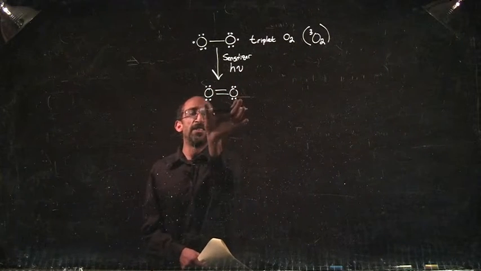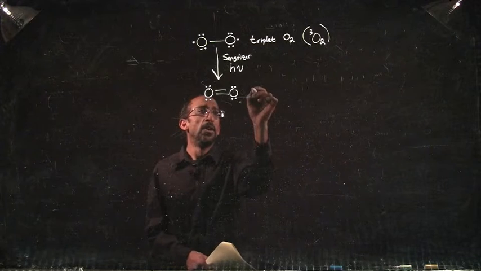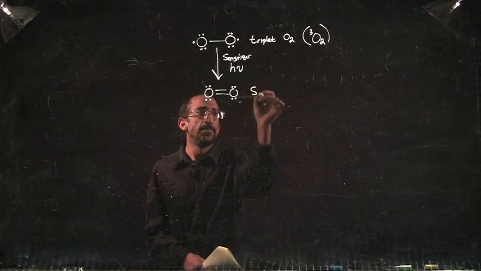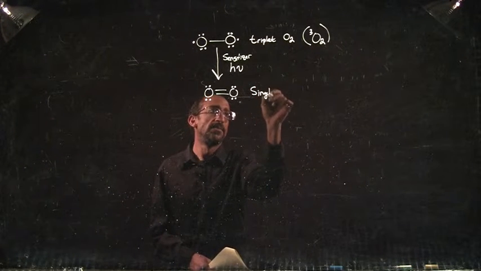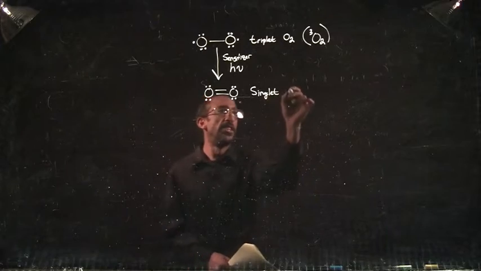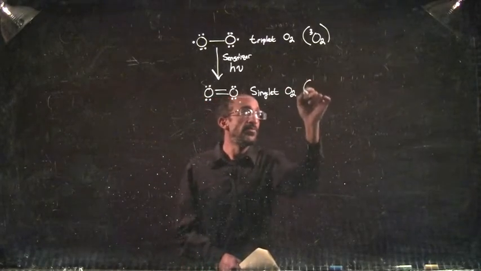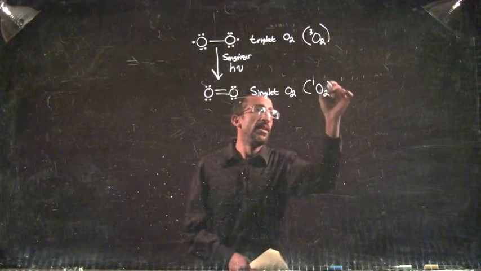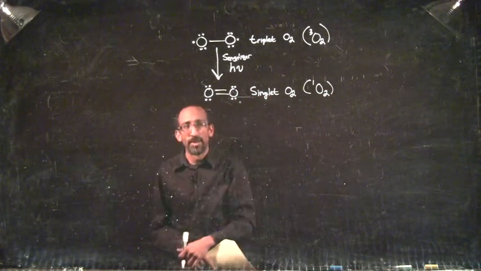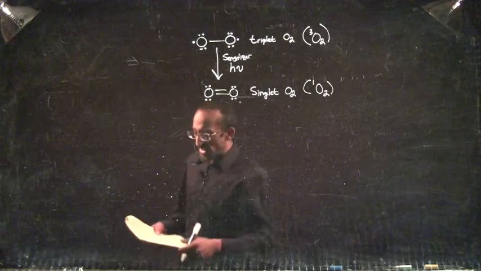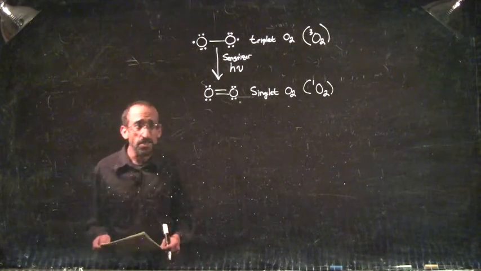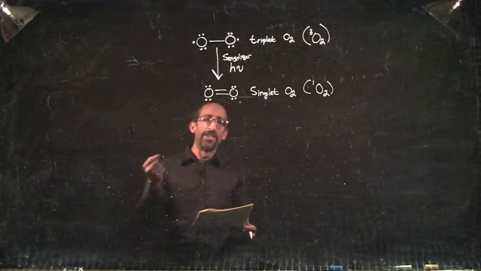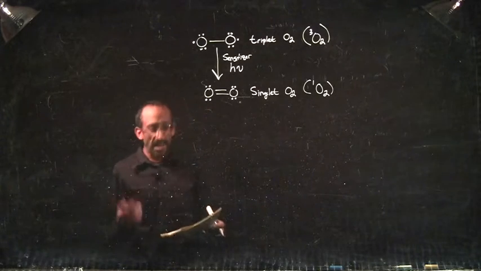This is the excited state, which is a singlet oxygen. And the shorthand for that is a little 1 in place of the 3 from the triplet. And singlet oxygen is actually a pretty reactive species. And we can do lots of fun, neat chemistry with singlet oxygen.